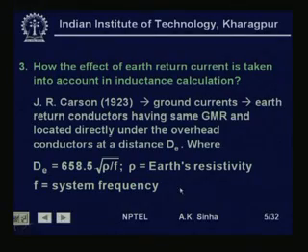The distance between the overhead conductor and these imaginary conductors is given by the distance D_E, where D_E is given by an empirical relation 658.5 square root of rho by f, where rho is the earth's resistivity. Normally, if the earth's resistivity is not known, then we assume it to be around 100 ohm meter, and f is the system frequency.